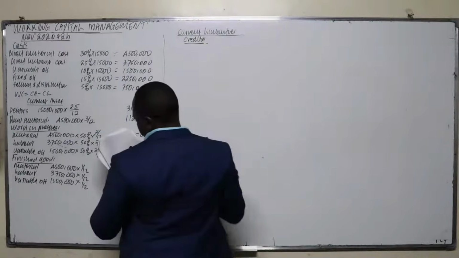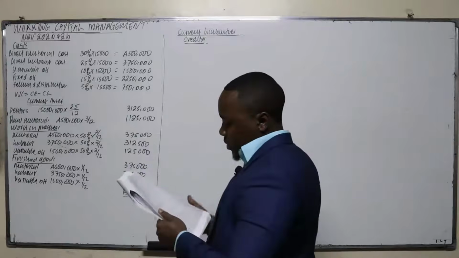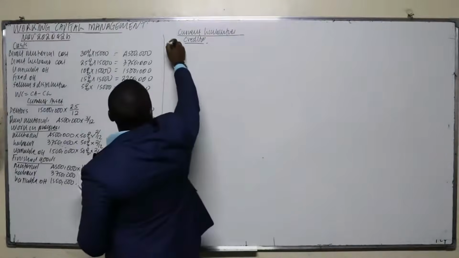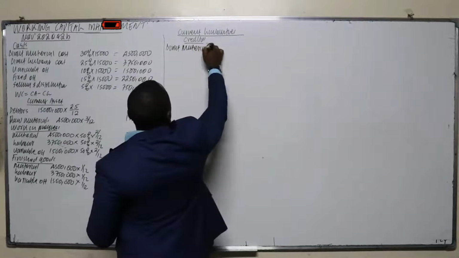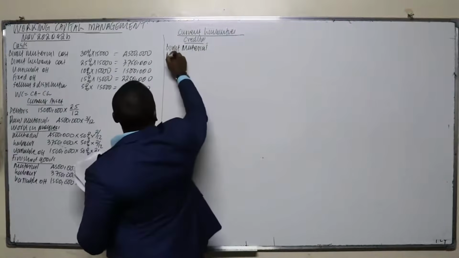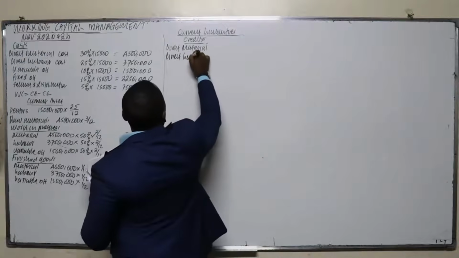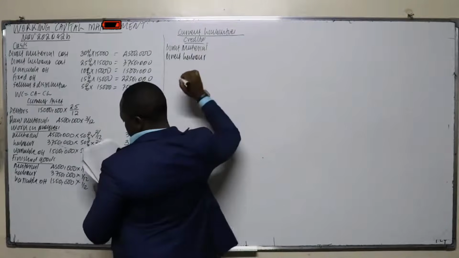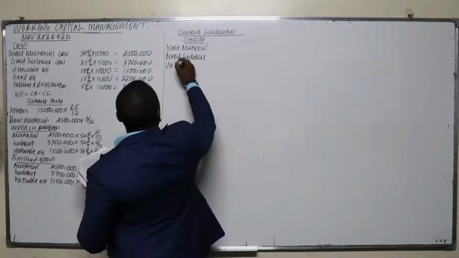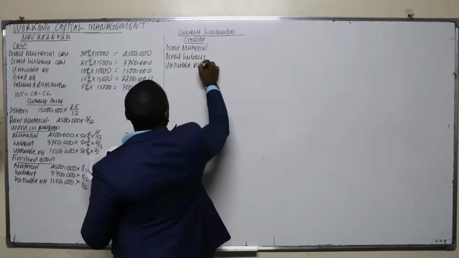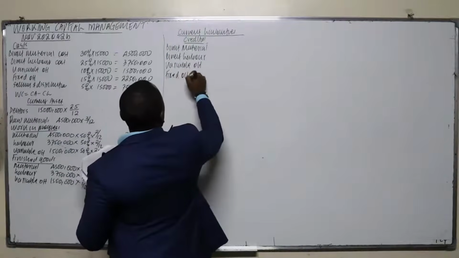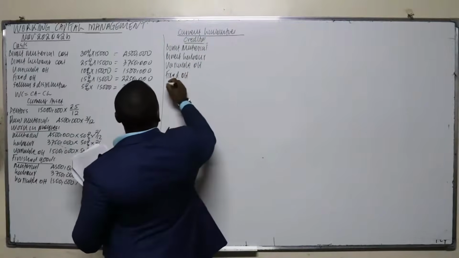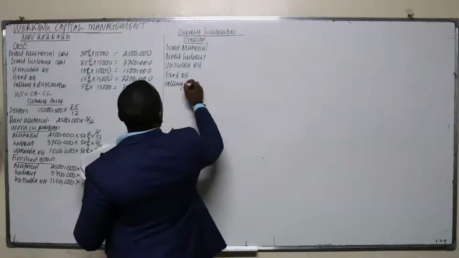Now you are told that credit is taken as follows. You have on direct material, then you have on direct labor, then you have variable overhead, then we have on fixed overhead, then we have selling and distribution.